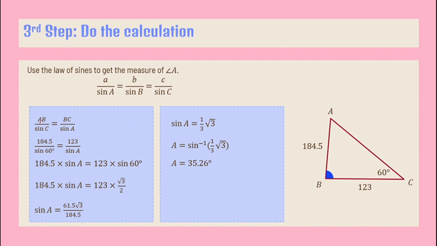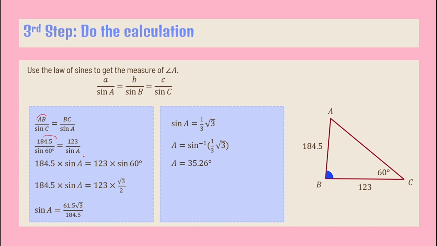The length of side AB is 184.5 over sine of angle C, 60 degrees, equals the length of side BC, 123 over sine of A.